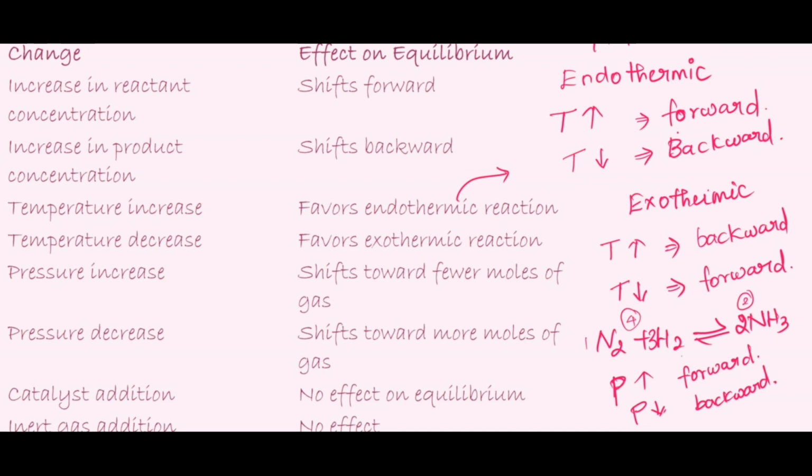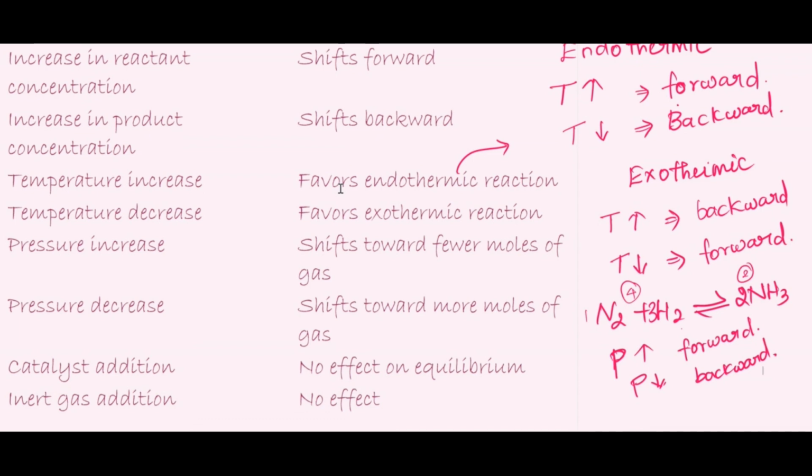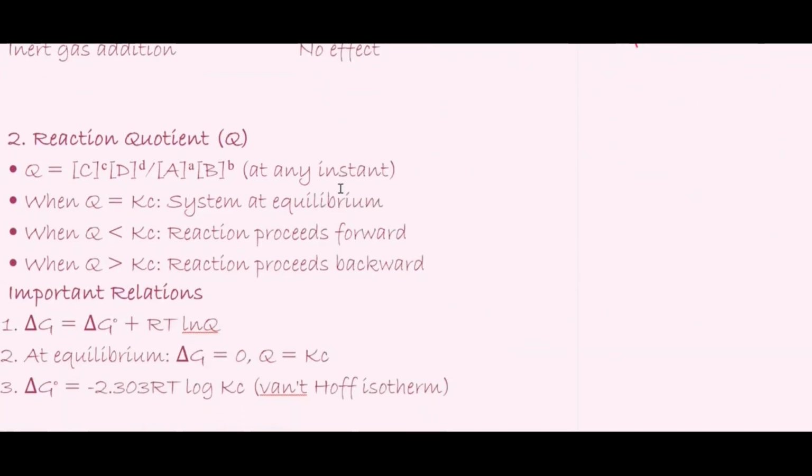Okay, so the same thing happens in equilibrium also. Most of the students make mistakes in this part, that's why I'm stressing it a lot. Okay, then as usual, catalyst addition and inert gas addition have no effect on equilibrium. Kindly note it down. So you can take a screenshot of it. Let me move on to the next part.